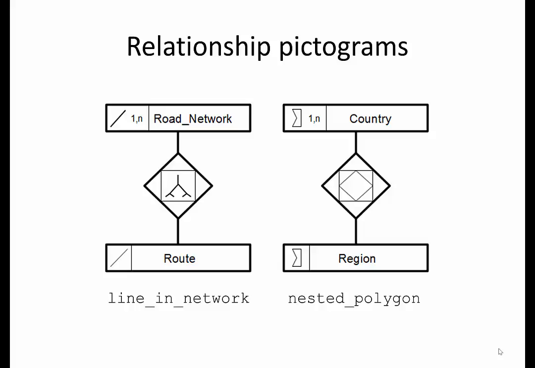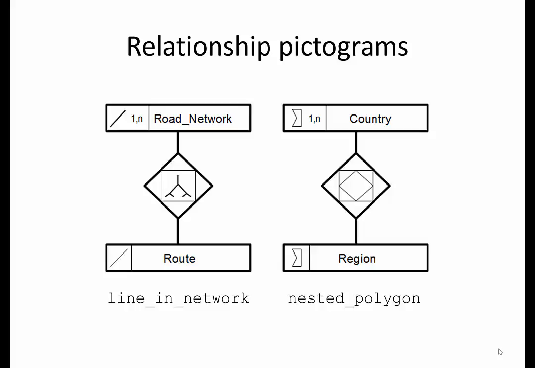So, on the left-hand side, we have routes. We have a road network which is made up of routes, routes being individual lines. They combine together topologically. The rules as to how to put lines together to make a network depend on what the network is.